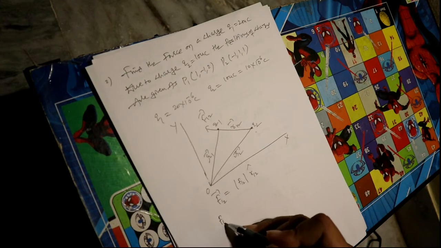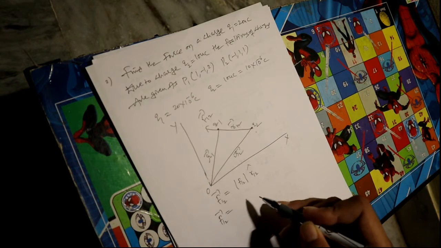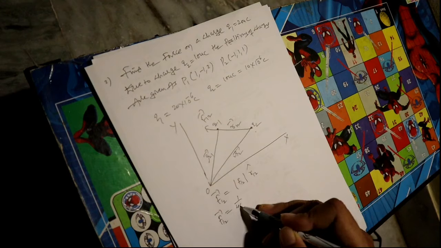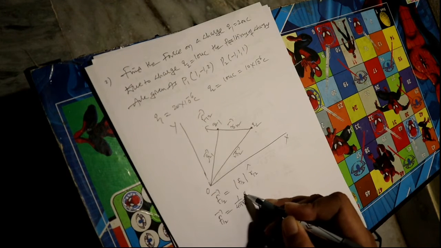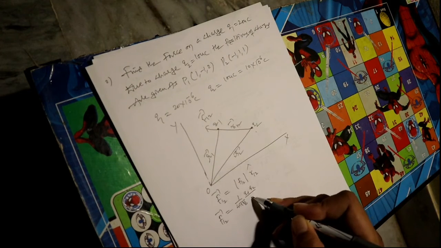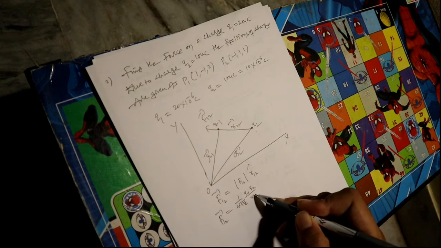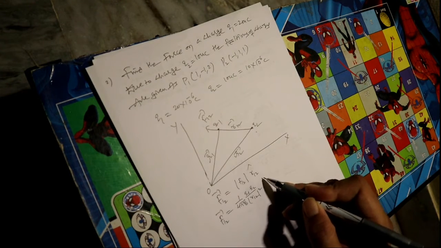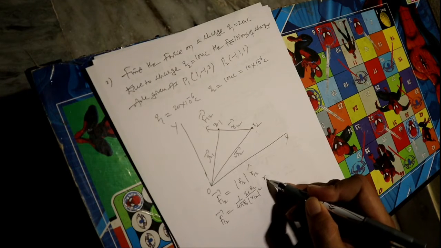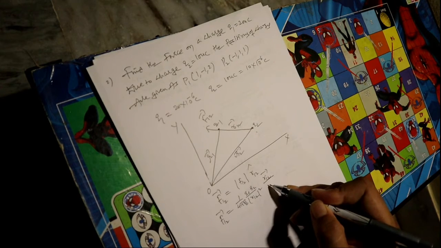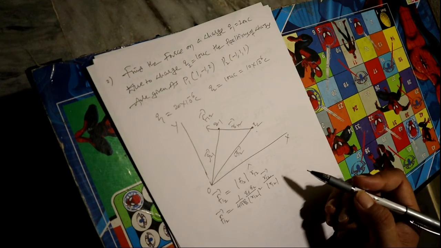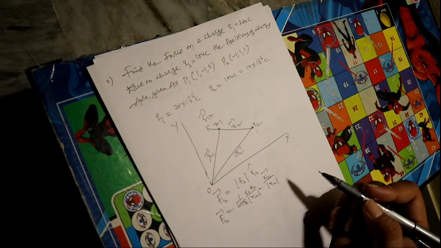So here F12 bar is equal to the magnitude of F12, that means 1 by 4 pi epsilon naught Q1 Q2 by R12 square, into R12 cap. R12 cap means R12 bar by mod R12, the unit vector, that vector by the magnitude of that vector.